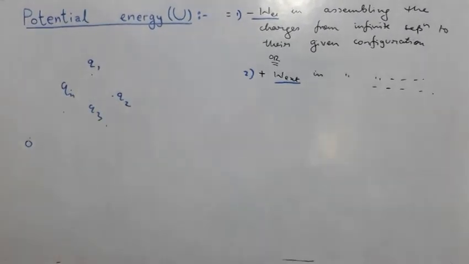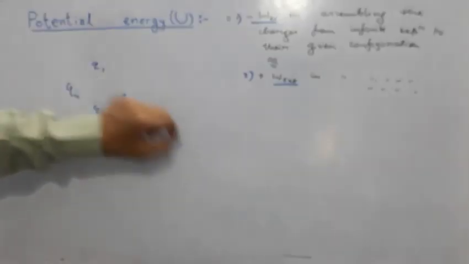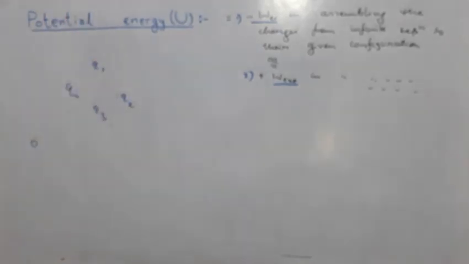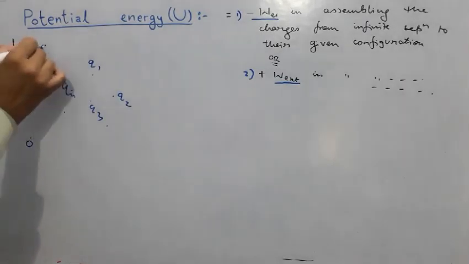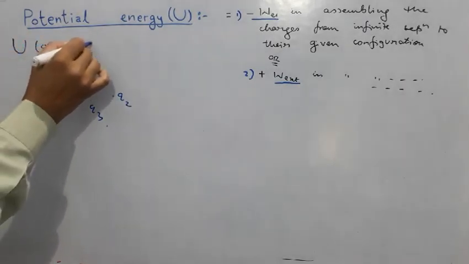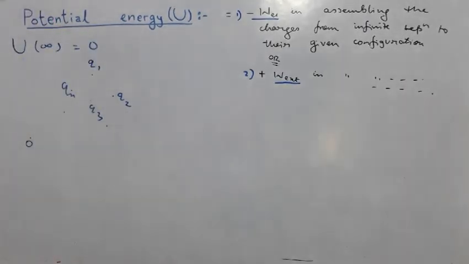In doing so, whatever is the external work done by me or by the external agent, that is equal to the potential energy of this particular configuration. This definition will be true only when we assume one convention that potential energy for any charge configuration at infinite separation is taken to be 0.